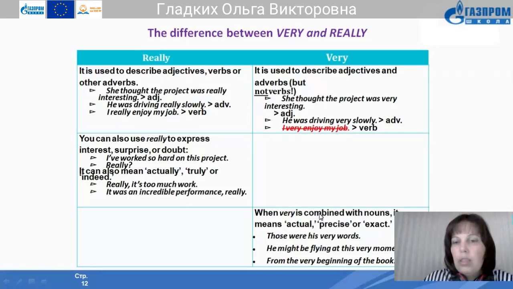When very is combined with nouns, it means actual, precise, or exact. Example, those were his very words. He might be flying at his very moment, from the very beginning of the book. So, and now let's do some exercises.